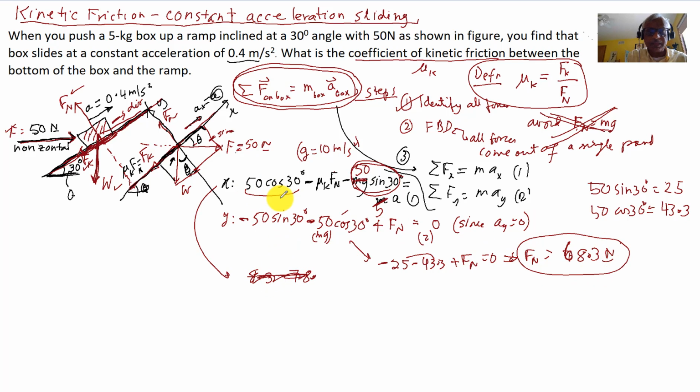So this one is just 43.3, and this guy will be minus 25 minus 0.4.